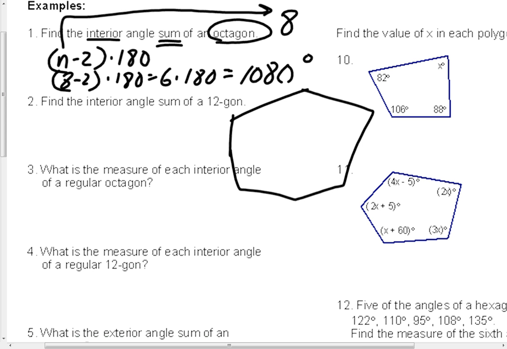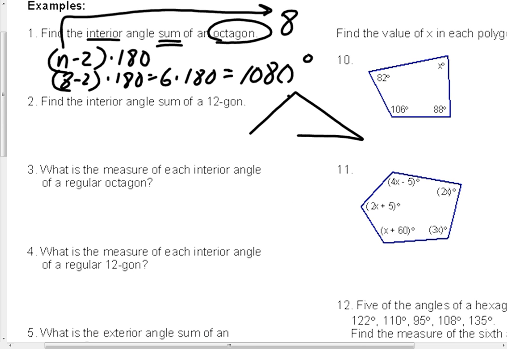Concave. So what you won't see are what I call Kermit the Frog heads. You will not see the shape indent into itself. All of the shapes will be convex. Do you understand the difference there?